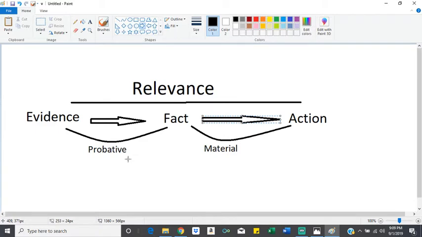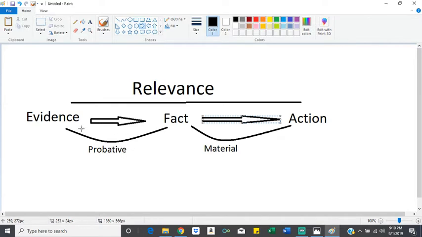So the jury can make a determination whether they think that's important or not if it's admitted. But again, this is a liberal construction, so the trial judge has reason to allow a lot of things into evidence, as long as they're probative, as long as they make a fact more probable and they're material to the cause.